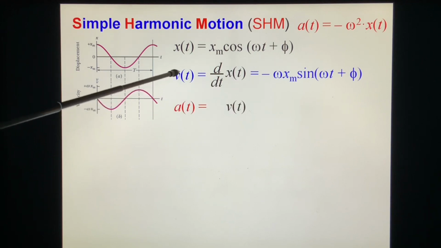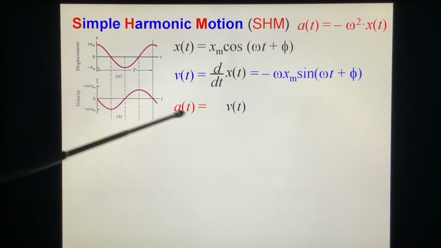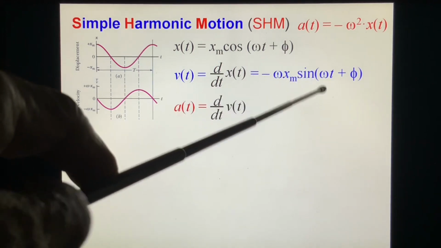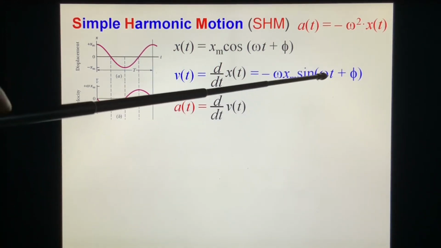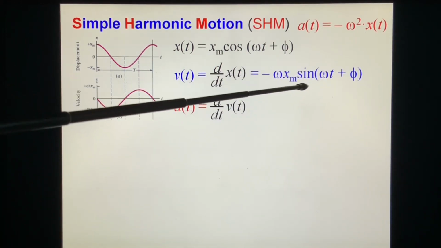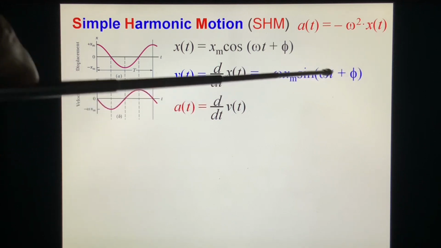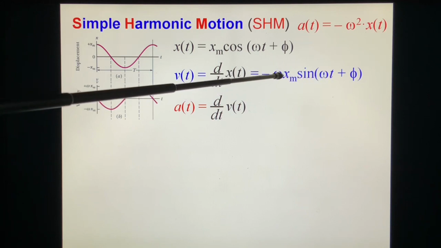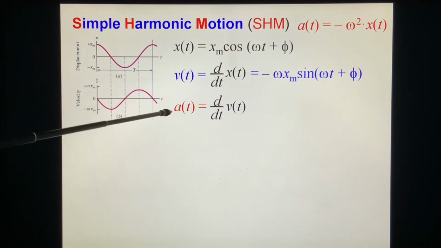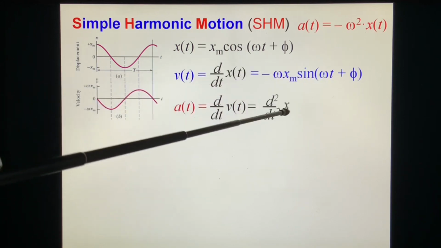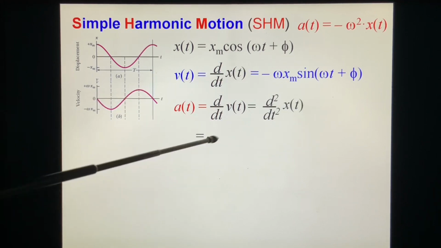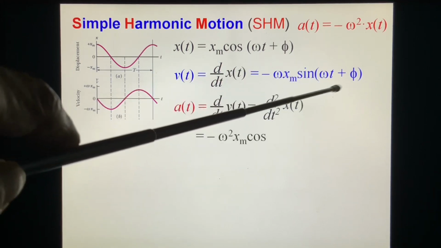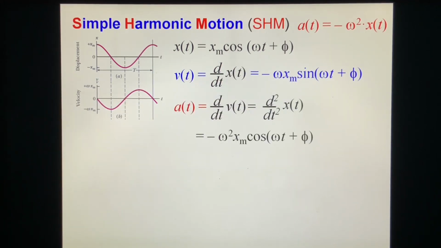And we do the acceleration. a equals dv/dt, and we take the derivative with respect to time t again. The derivative of sine is cosine, times omega, so we get omega squared. So a equals minus omega squared x_m cosine(omega t plus phi).